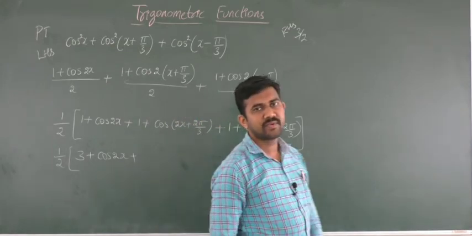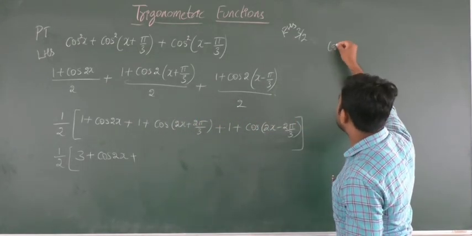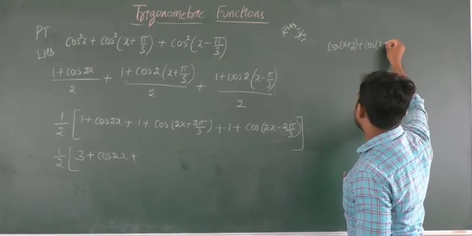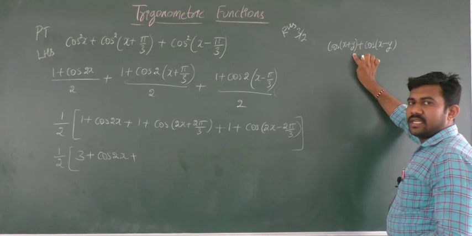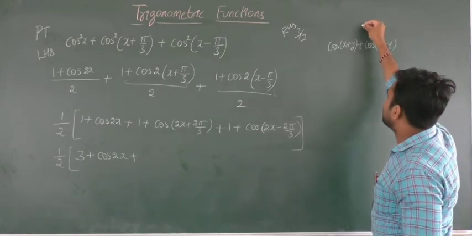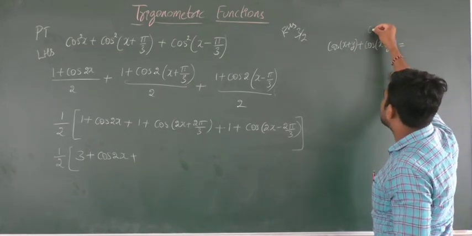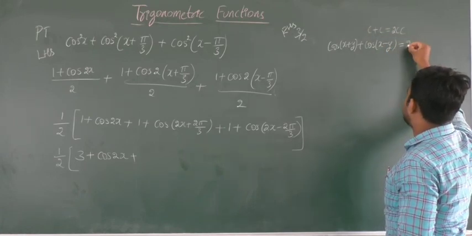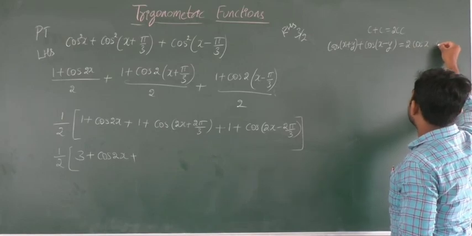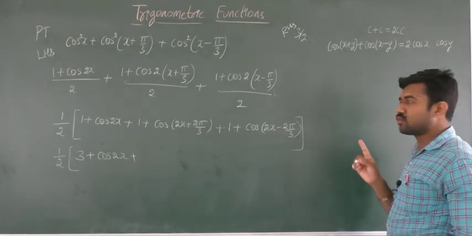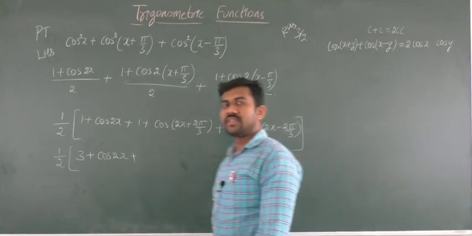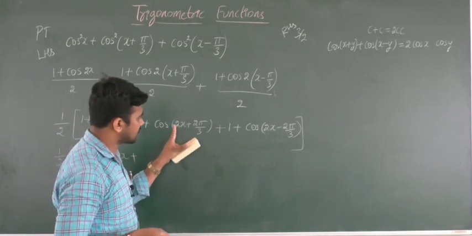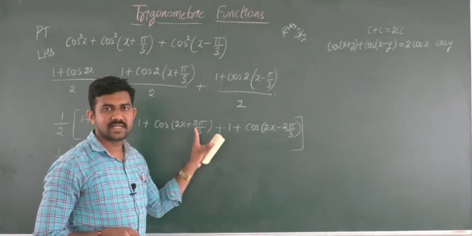Here you can remember one formula: cos x plus y plus cos x minus y. This is equal to, you know, cos C plus cos D is equal to 2 cos C into cos D type; in this case we get 2 cos x into cos y. That same formula will apply here. So what we get here: x you consider as 2x and y you consider as 2 pi by 3.